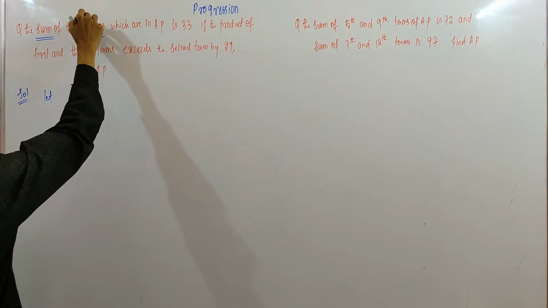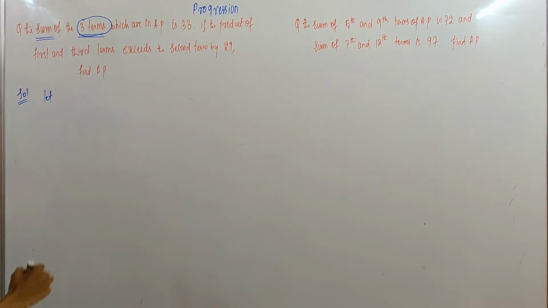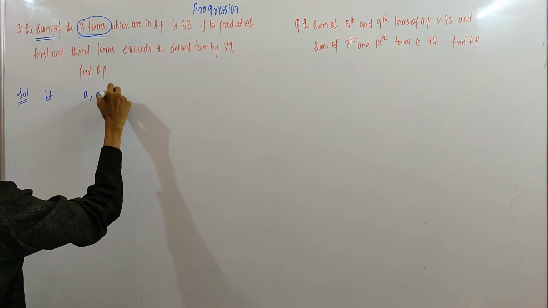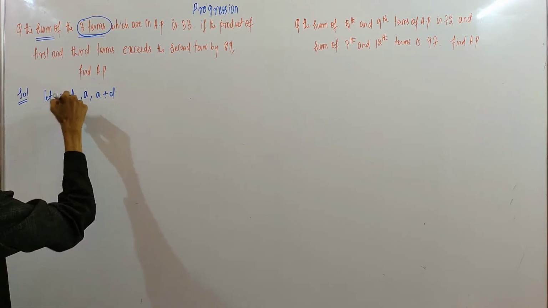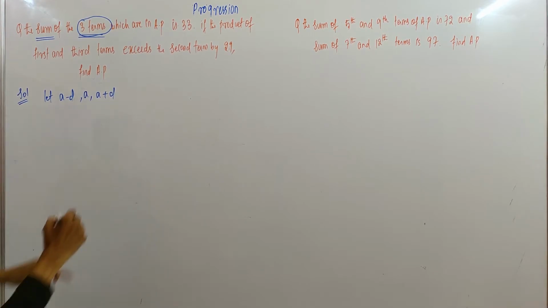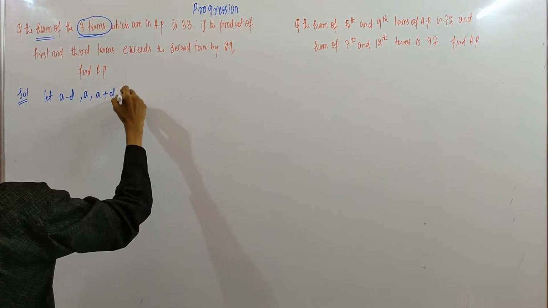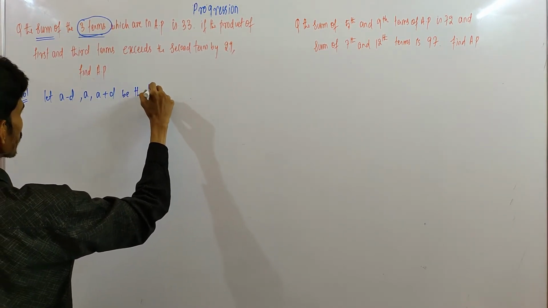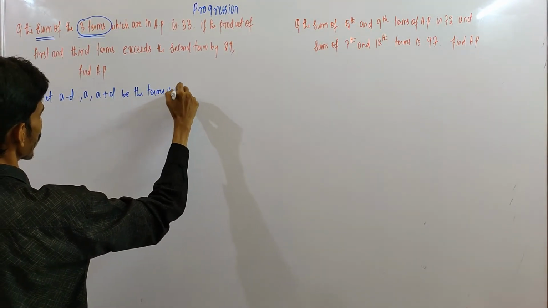Whenever you take three terms in AP, the standard terms that are taken are a minus d, a, a plus d. These are the standard three terms taken in arithmetic progression.